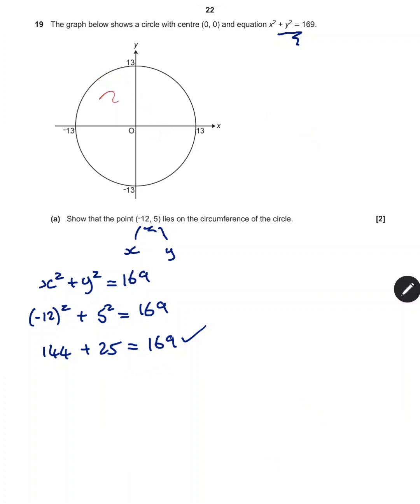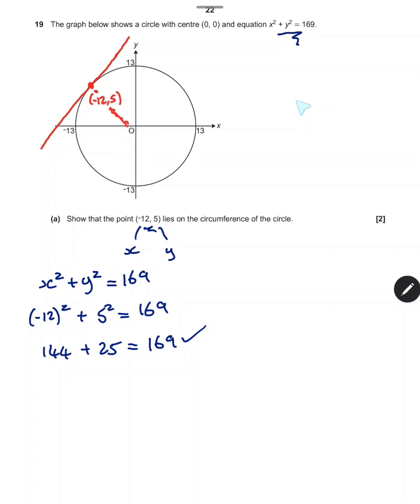Part B says find the equation of the tangent at the circle at this point, minus 12, 5. So I'm looking for the equation of that line there. The tangent to the circle at minus 12, 5. What I can do straight away is work out the gradient of that line there.